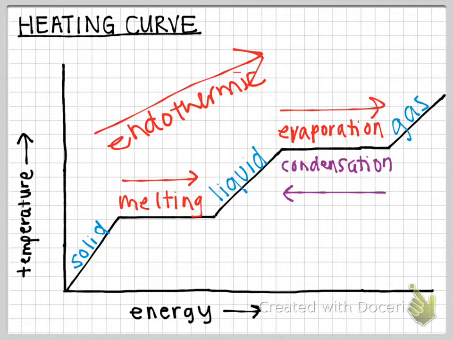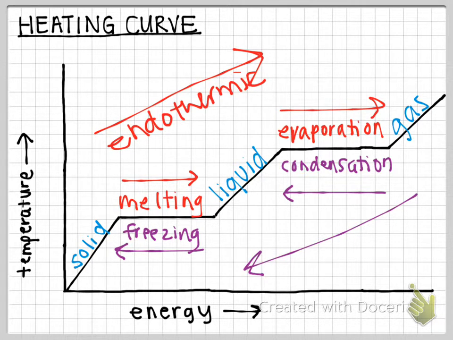And going from liquid to solid is called freezing. So going up the heating curve are the endothermic phase changes, and going down the heating curve are the exothermic phase changes.